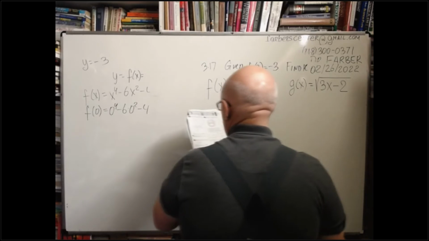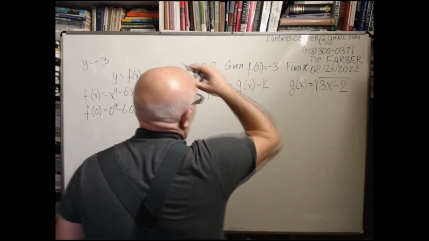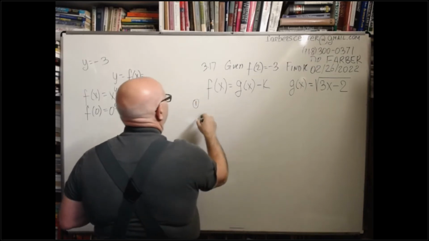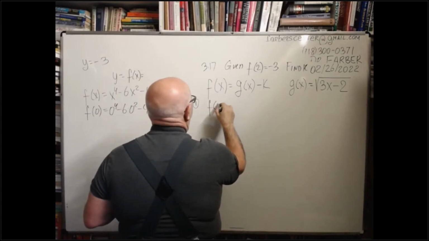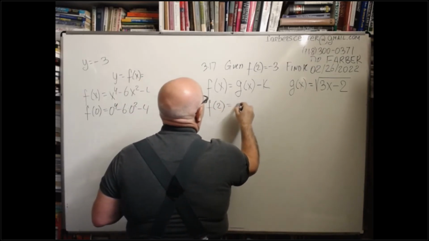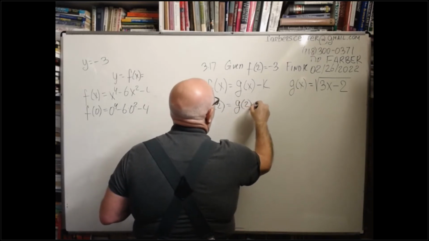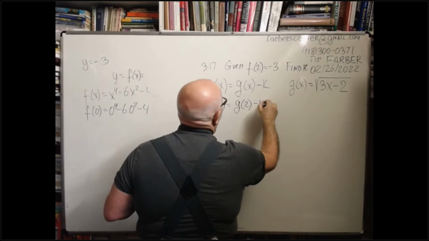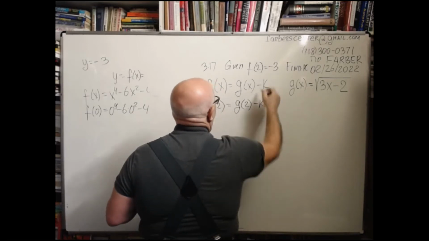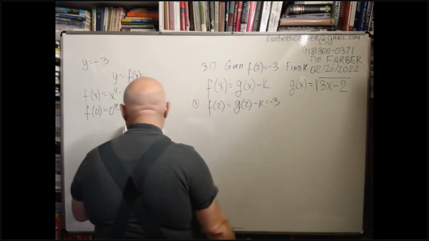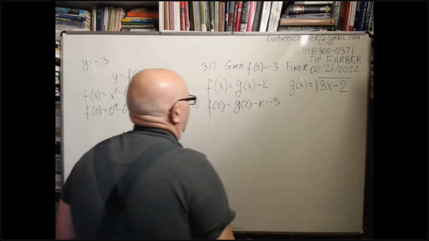Okay. So what is f of 2? Step number 1, line up. f of 2 equals g of 2 minus k, and this equals negative 3. So far, so good. What is g of 2?